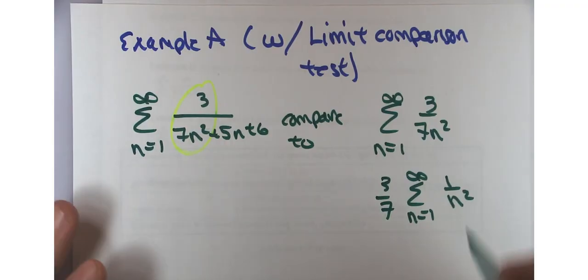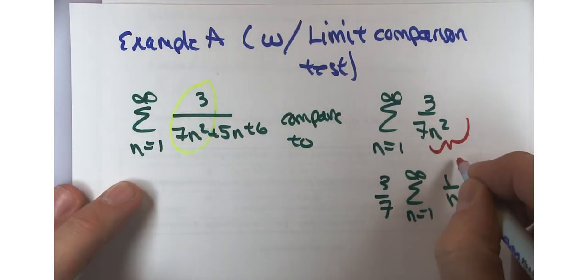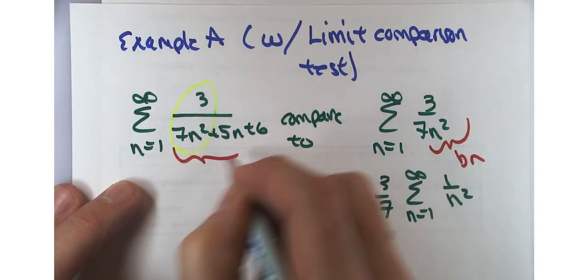So let's call these our terms and call that our b sub n. That's our a sub n.